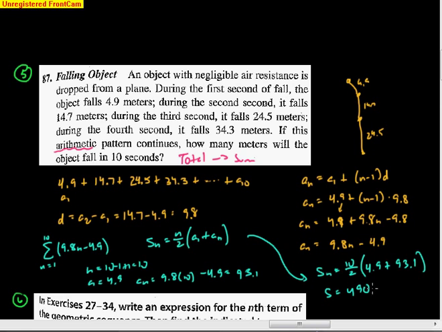And that is the distance it fell after 10 seconds, 490 meters. Okay. All right, good. So that's an arithmetic sequence, or arithmetic partial sum, right? Finding the nth term, and then finding the actual sum using the formula.